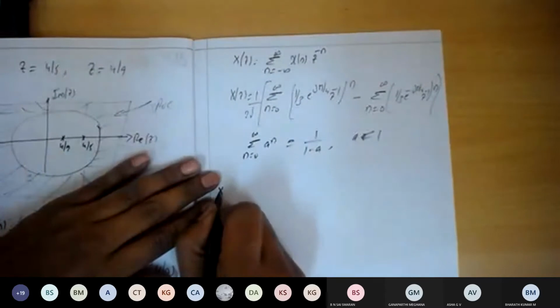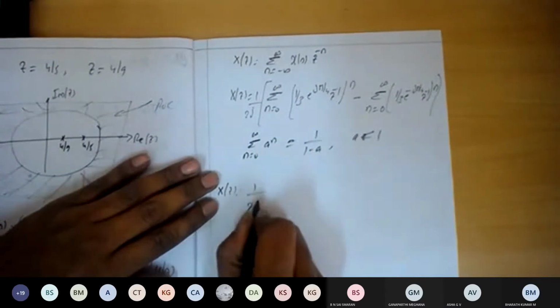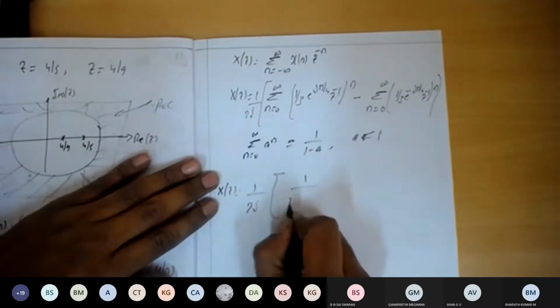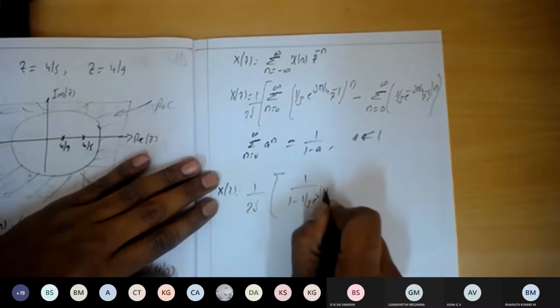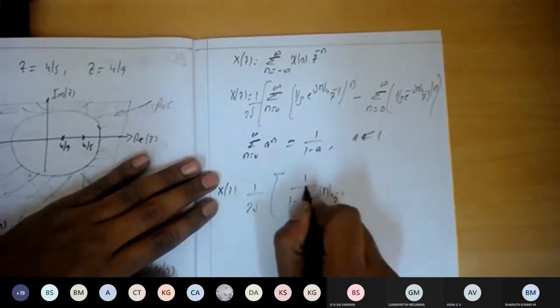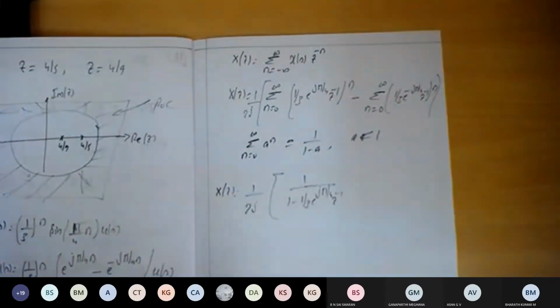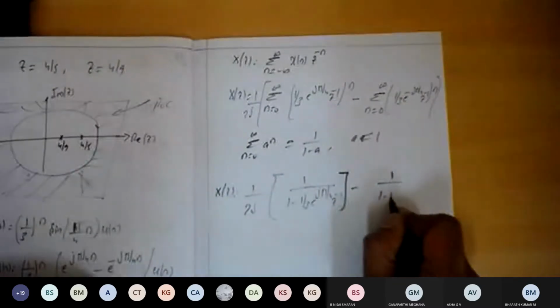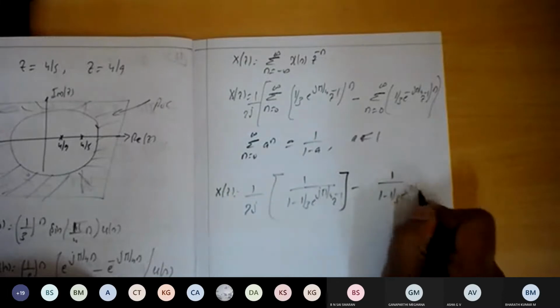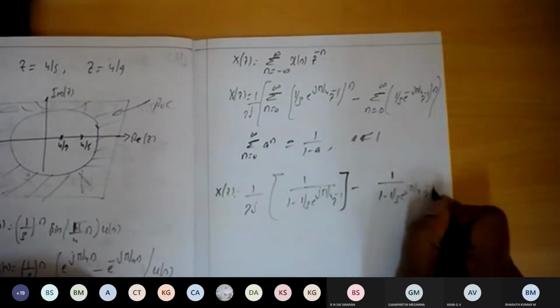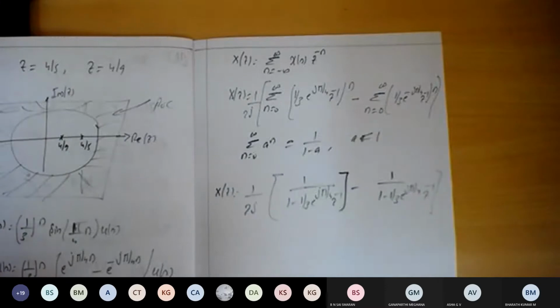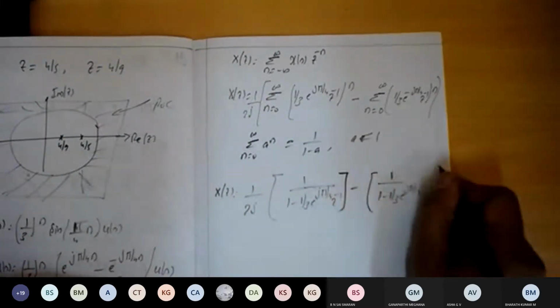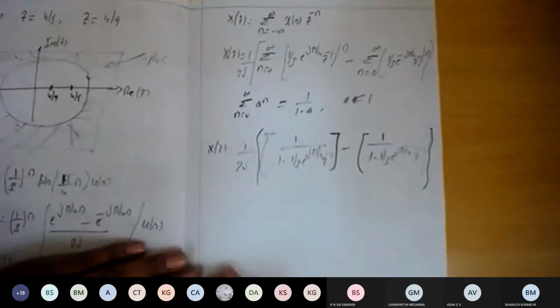Applying it, X of z is equal to 1 by 2j times 1 divided by 1 minus 1 by 3 e to the power of j pi by 4 into z inverse, minus 1 divided by 1 minus 1 by 3 into e to the power of minus j pi by 4 into z inverse.